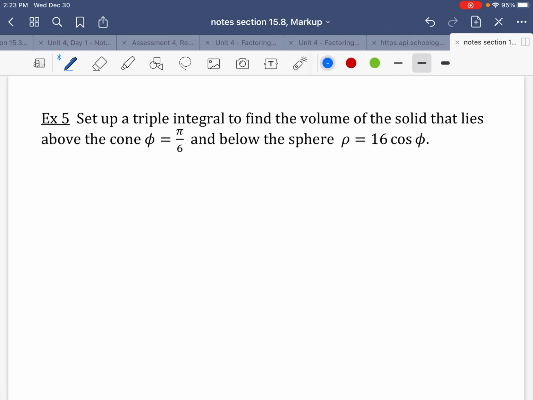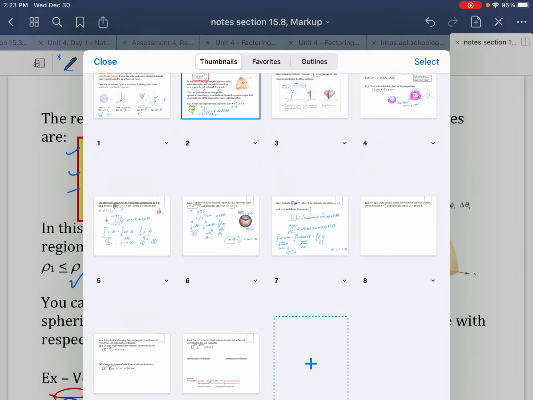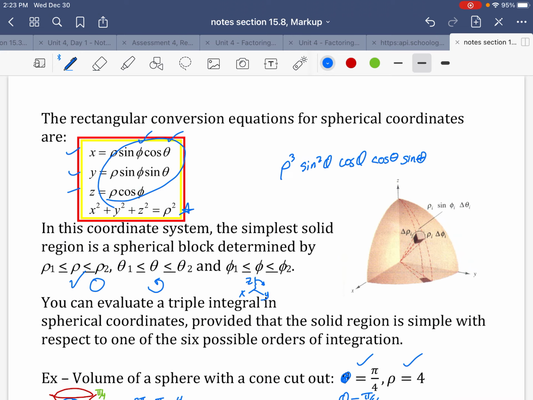All right. So what that means right here, remember that if we wanted to change it back, let's look back at some of these equations that we had before. Especially this one, I need a rho squared to turn something into a sphere.